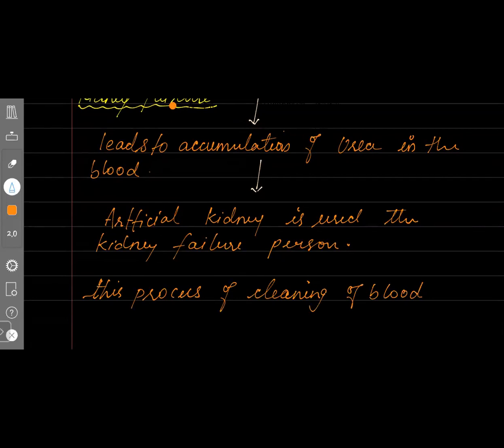Urea is poisonous. Cleaning of blood of a person by separating the waste product.